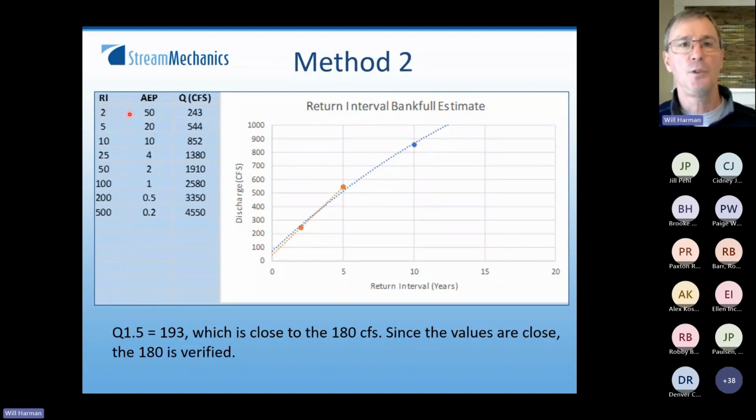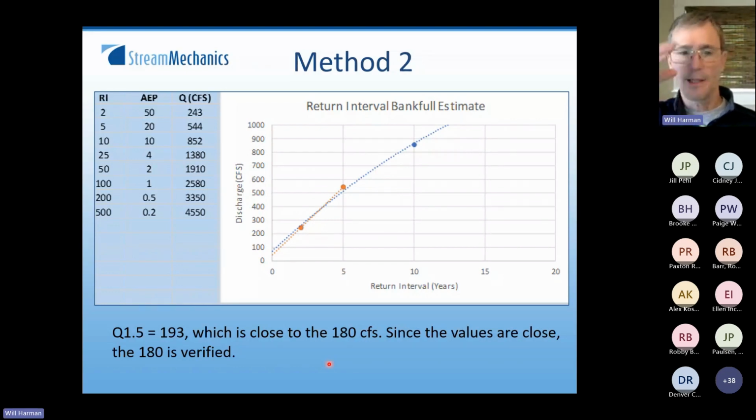So we can see the 2 year here is 243. If we plot this and extrapolate it, we can see that the 1.5 is 193 CFS, which is very close to that 180. So since they are so close, and since the 180 is less than the 2, then we can verify that feature that it is still Bankfull, even though there's a diversion upstream.